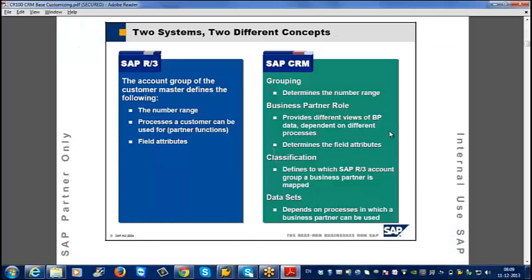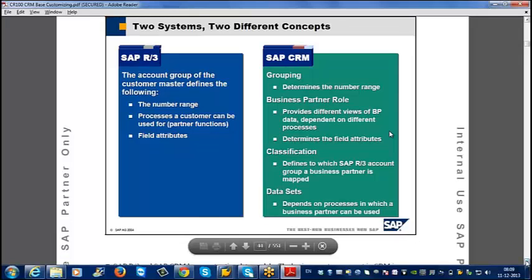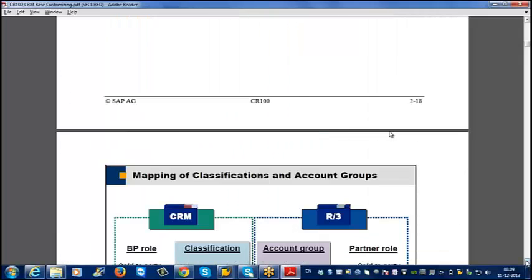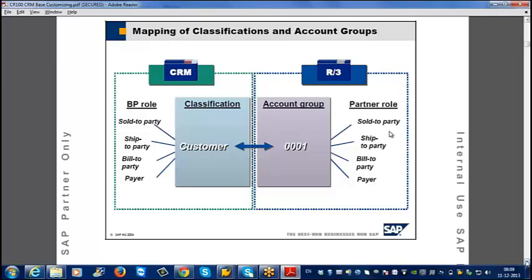In order to transfer the data from R3 to CRM or CRM to R3, even a classification forms a basis for the smooth transfer. Let's see how this is mapped. So mapping of classification and account groups. I have 5 different classifications available in CRM.